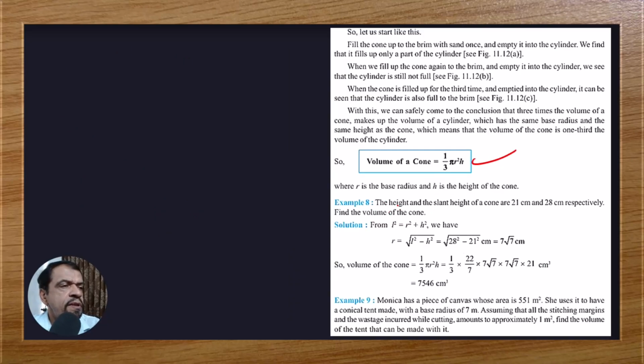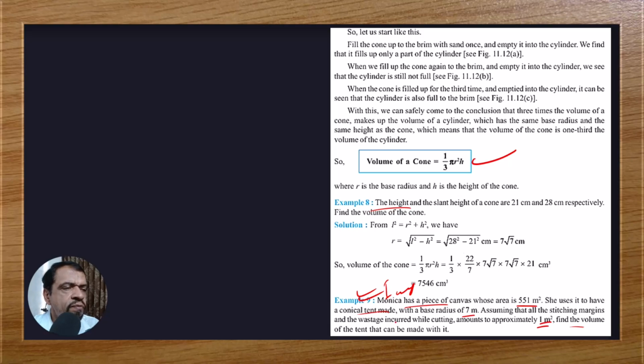This example is very simple, but this example is very, very important. In this question, Monica has a piece of canvas. The area of the canvas is 551 meters square. She wants to form a conical tent from this canvas with base radius 7, and assuming that all stitching margins and wastage is approximately 1 meter square.